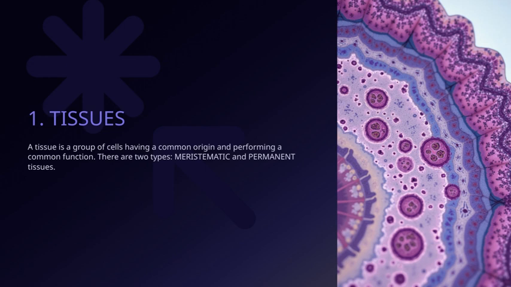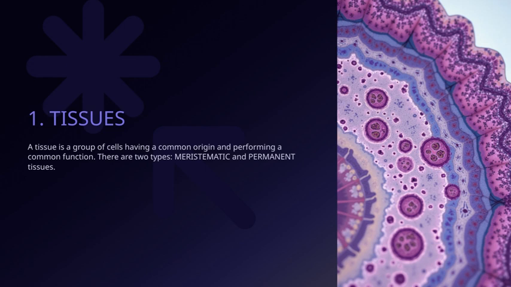Now, when we talk about tissues, there are two main types we need to remember: meristematic tissues and permanent tissues. These two types differ mainly in their ability to grow and specialize. Meristematic tissues are like the plant's growth zones. They contain cells that are actively dividing, which allows the plant to grow in height and width.